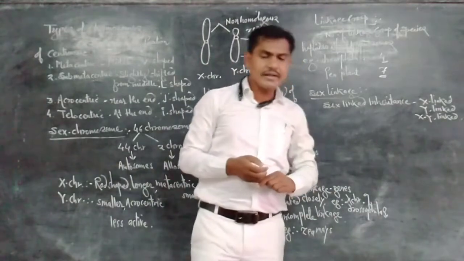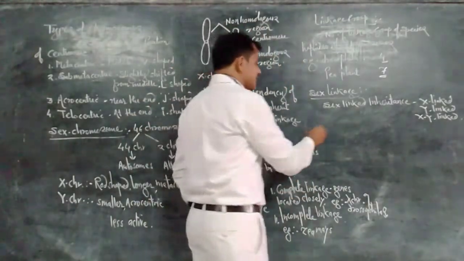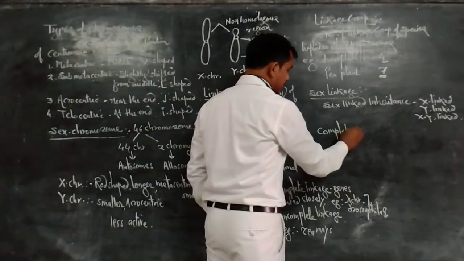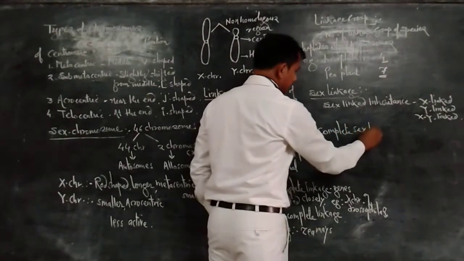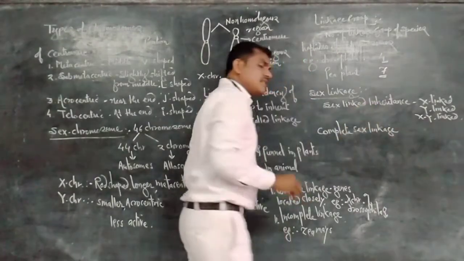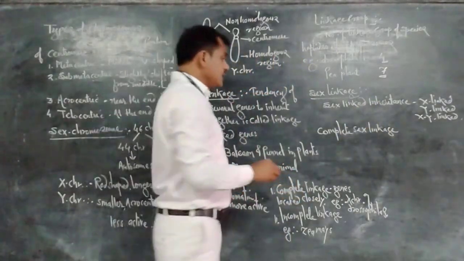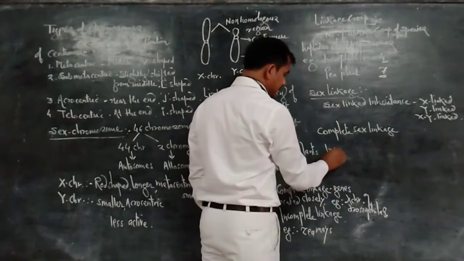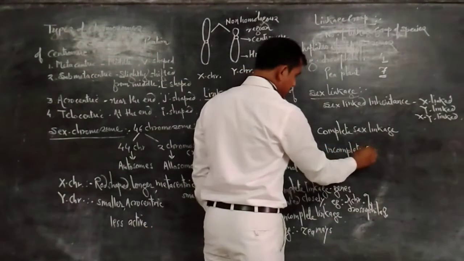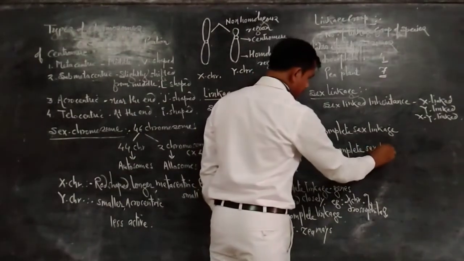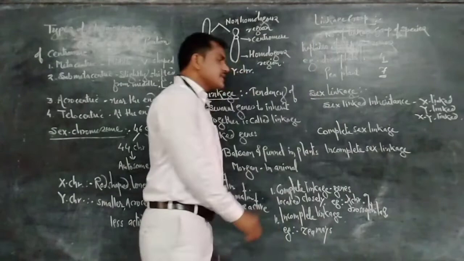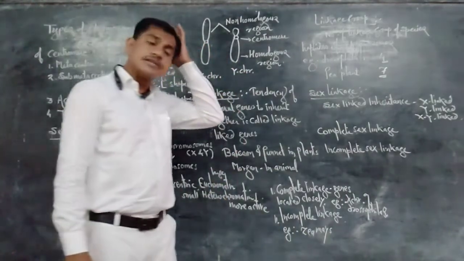Sex linkage is also of 2 types: complete sex linkage and incomplete sex linkage.